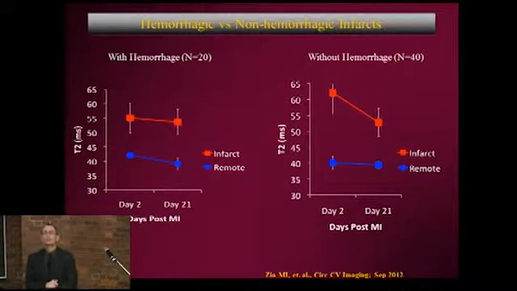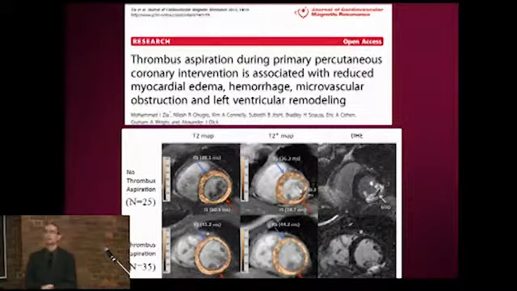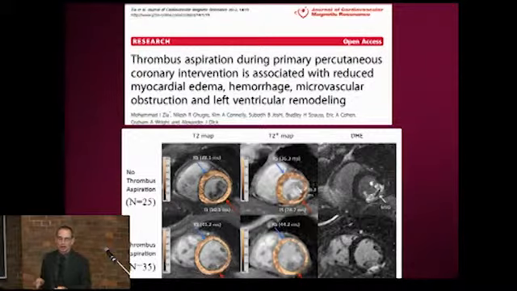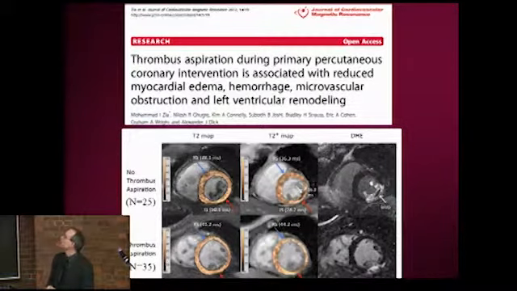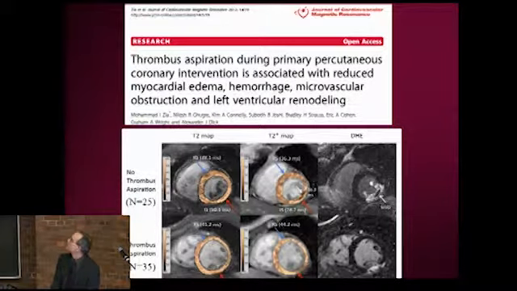So obviously one thing that's been targeted at hemorrhage and thrombus in general is thrombus aspiration. And this is not a randomized trial, this is just a registry study, so I can't claim too much from this, but if we look at the patients that got thrombus aspiration versus not in our study, we certainly see a trend. In those without thrombus aspiration, this individual is indicative.